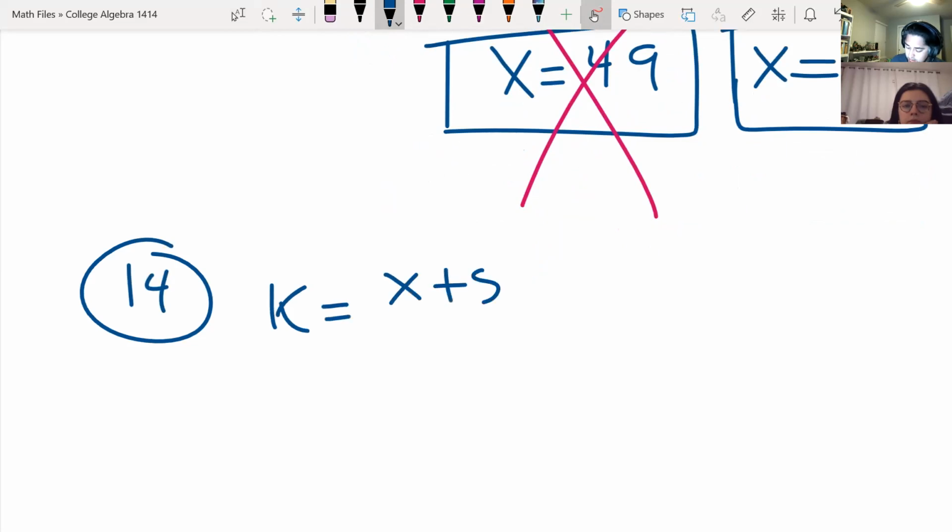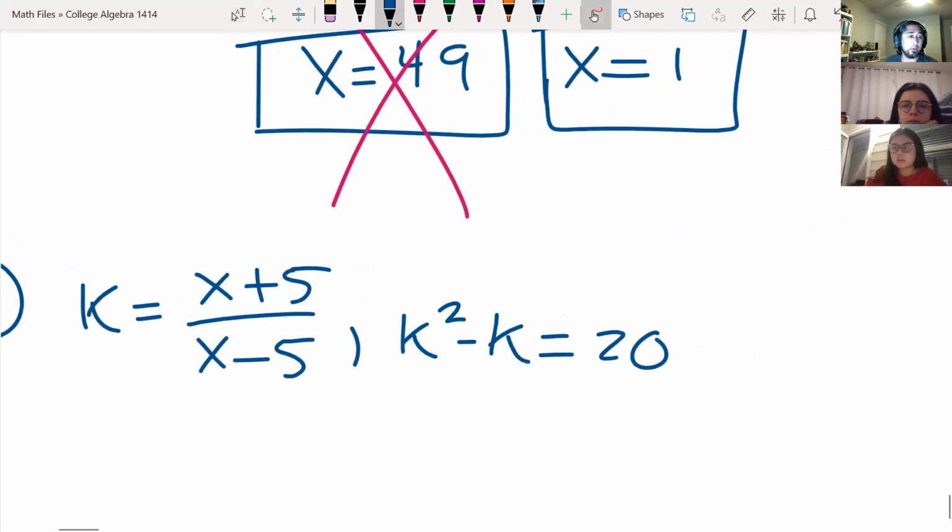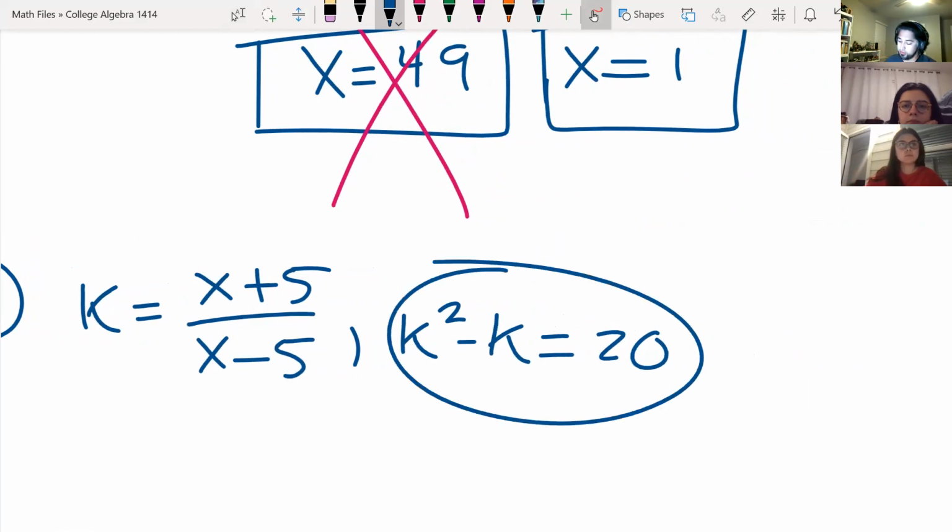K is x plus 5 over x minus 5, and they give us k squared minus k equal to 20. So they basically already did U-substitution for us, but used k instead. So all you have to do is factor this equation.